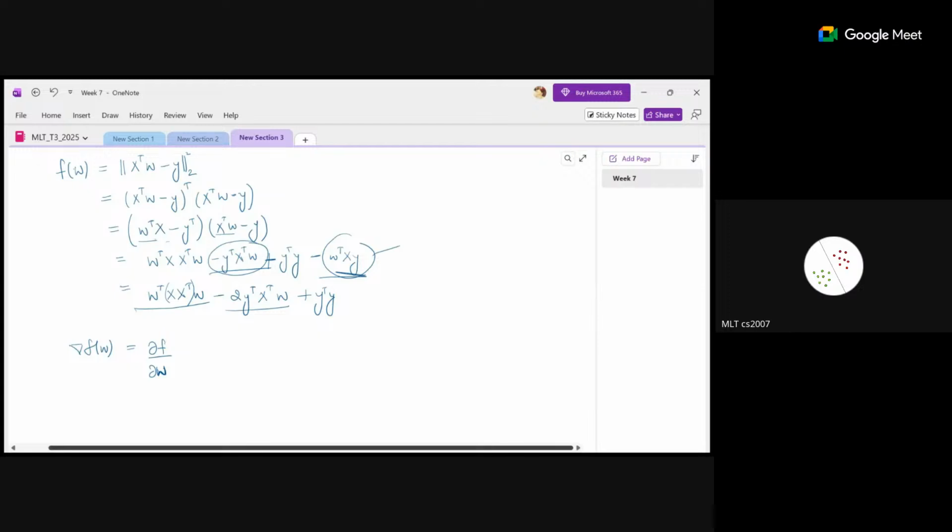If you don't want to look at the complete proof, see this w transpose X X transpose w.